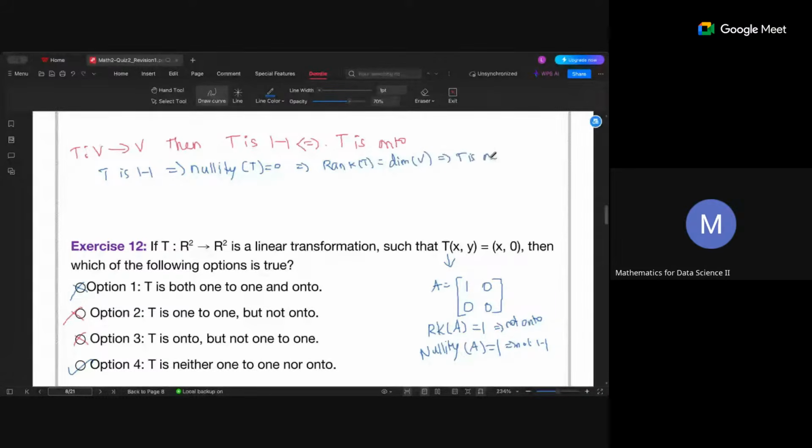You can go back in the same order. The domain and codomain are the same in this case.